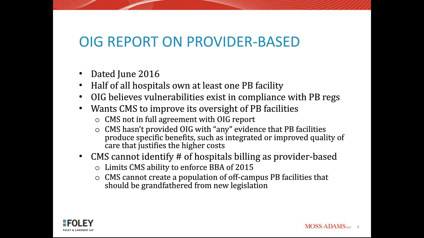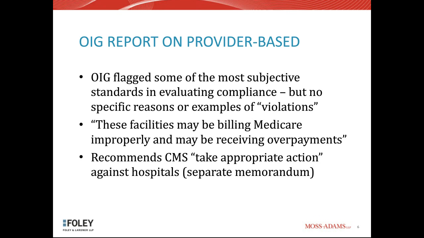So the OIG was subjective in their standards and didn't cite specific reasons or examples of violations. They just say these facilities may be billing Medicare improperly and may be receiving overpayments, but didn't have anything quantitative to share. So one of the ways a facility may be billing Medicare improperly may be with your place of service code.